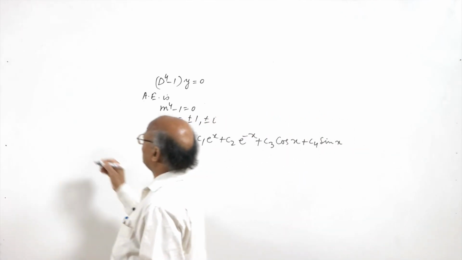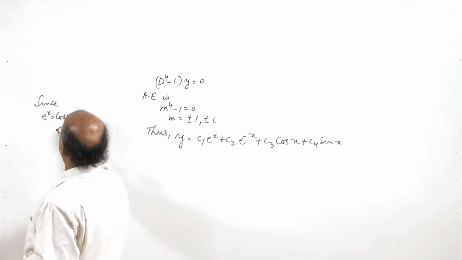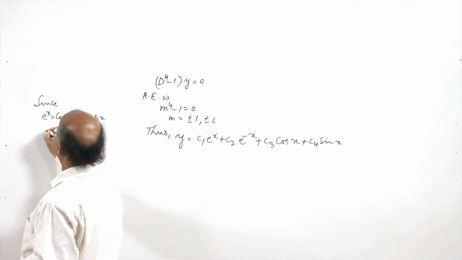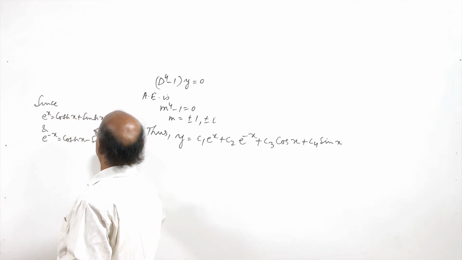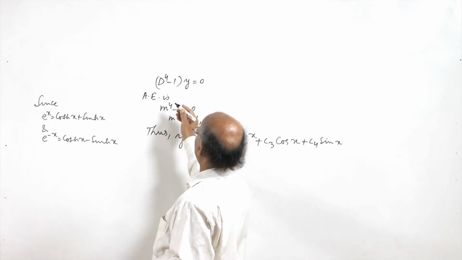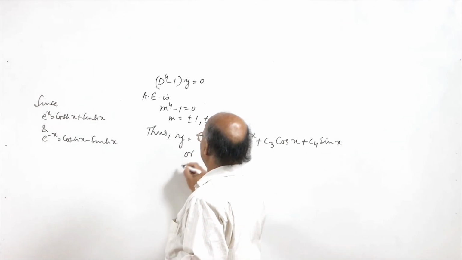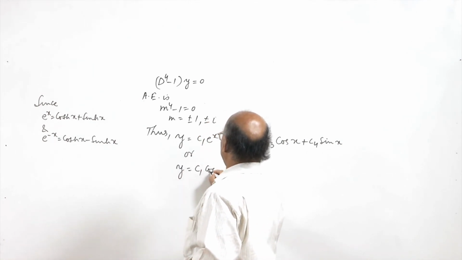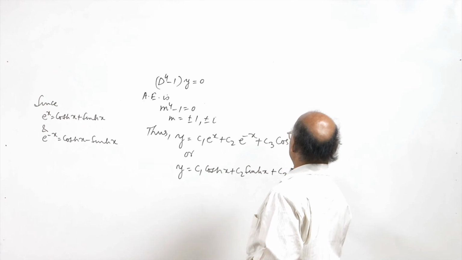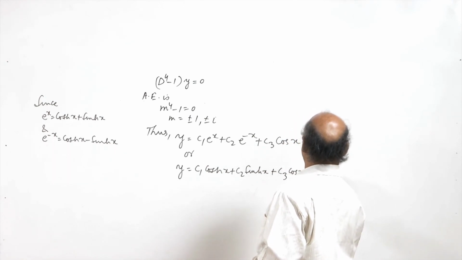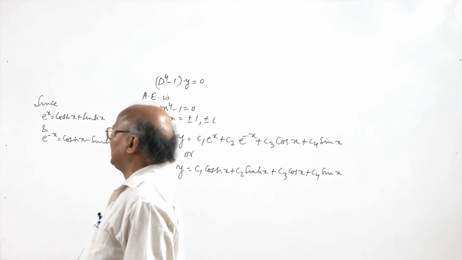Now since e^x is equal to cosh x plus sinh x, and e^(minus x) is cosh x minus sinh x, this solution of the equation (D^4 minus 1) y equal to 0 can also be written as y equal to C1 cosh x plus C2 sinh x plus C3 cos x plus C4 sin x, and that is in terms of the hyperbolic functions and the trigonometric functions.